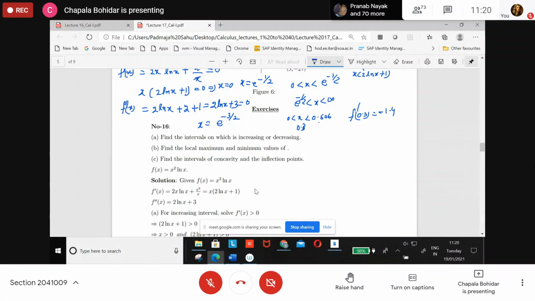F dash is this one value: 2 ln x plus 1. f dash of 0.3, all of you got minus 1.4? Ma'am, it is minus 0.422. Yes, I got that value. It is minus 0.422.